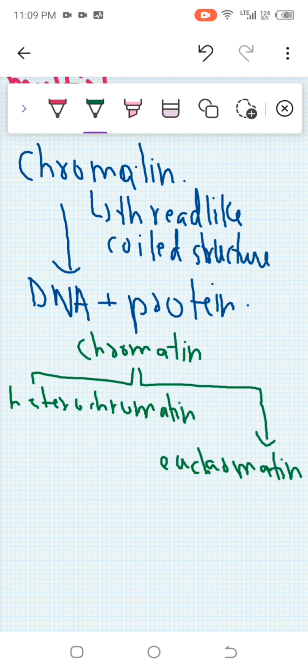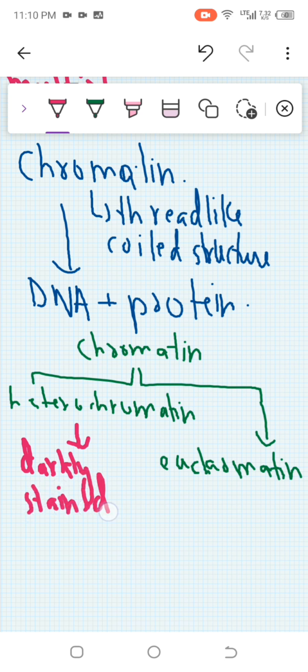Heterochromatin is a darkly stained region. However, euchromatin is a loosely or lightly stained region.